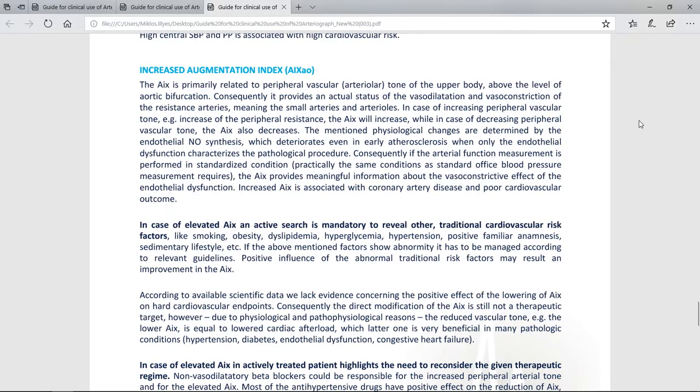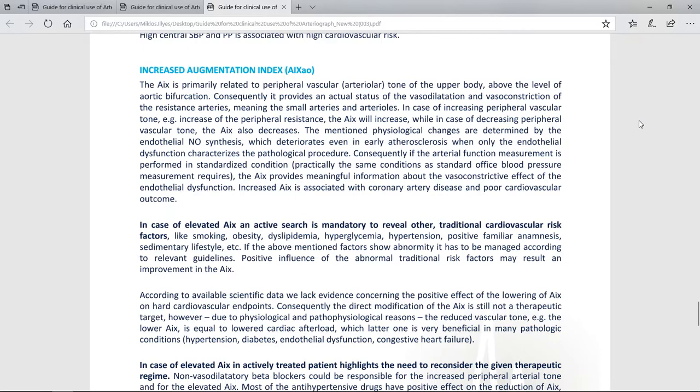These changes are determined by the nitric oxide synthesis of the endothelial layer. This process, the nitric oxide synthesis, used to be deteriorated and damaged during early atherosclerosis.